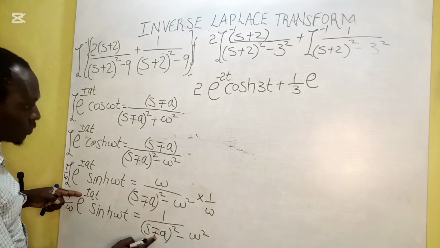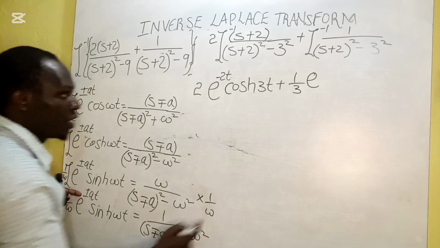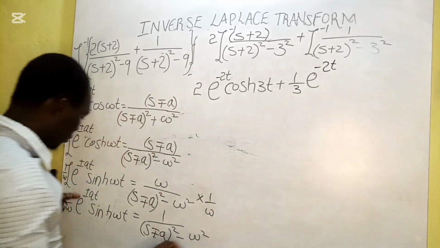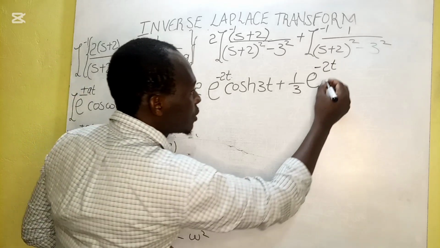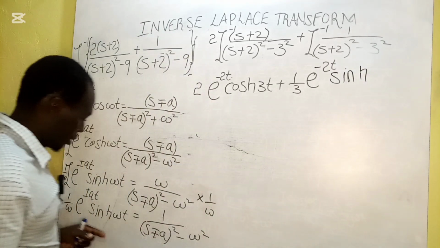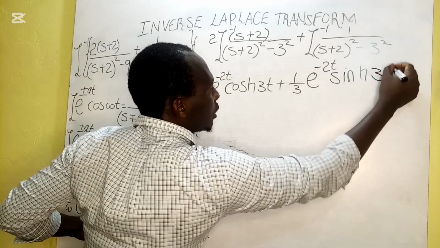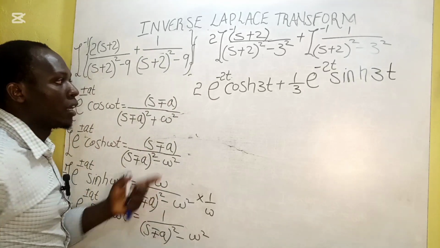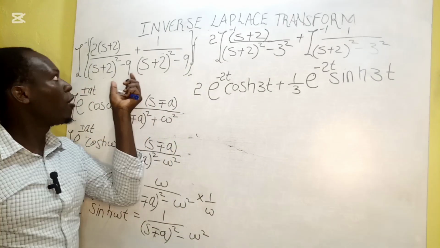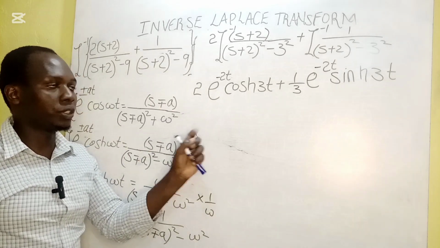Here it is a positive, the exponential part must take a negative of a. And here we are going to have a negative of 2t. Negative stands for the sine hyperbolic. Our angle here is equal to 3t. And this is how you go about finding the inverse Laplace transform of this kind of equation.